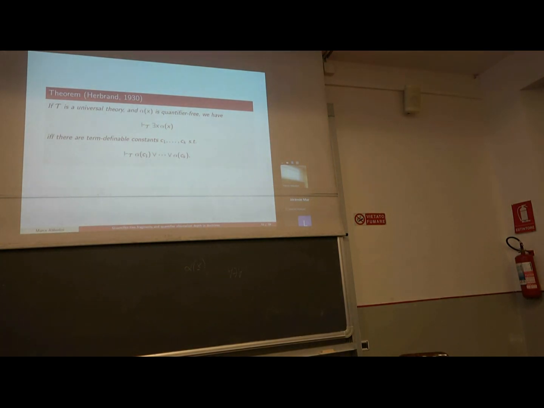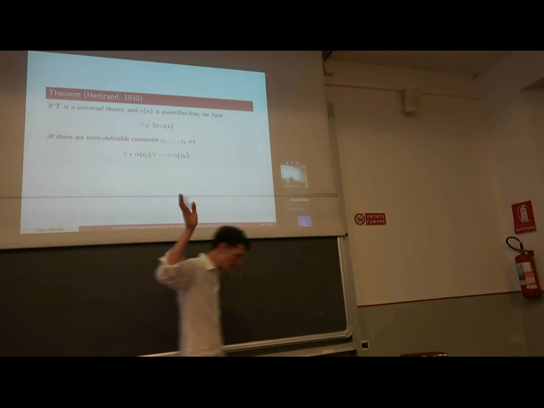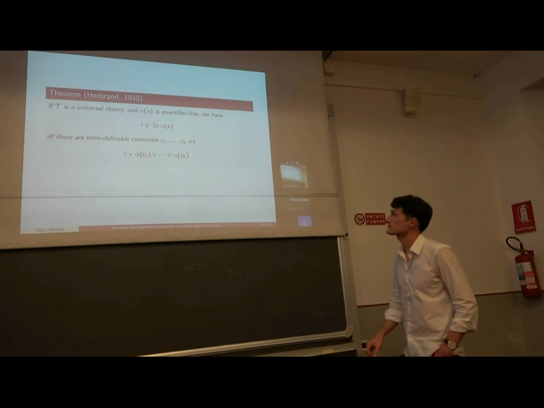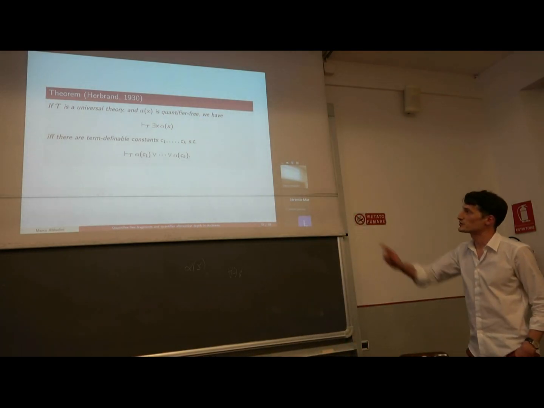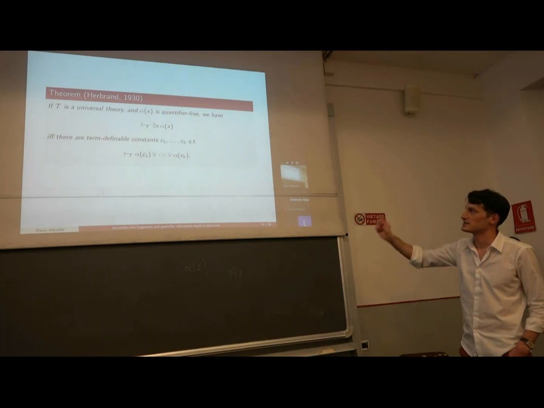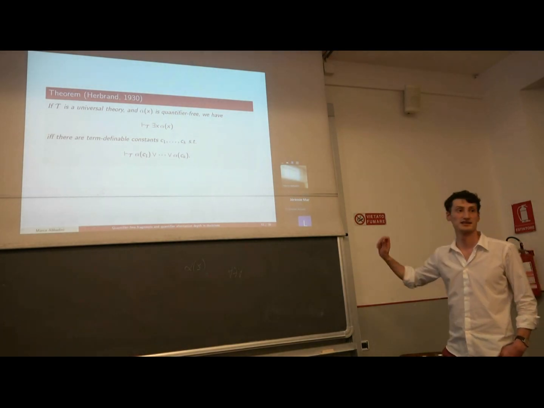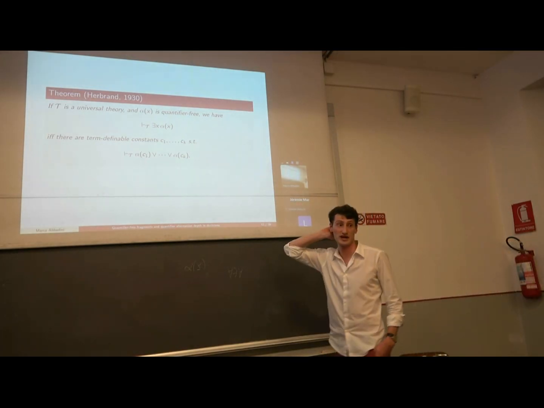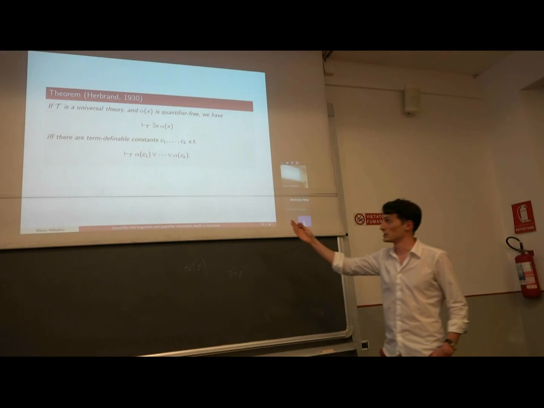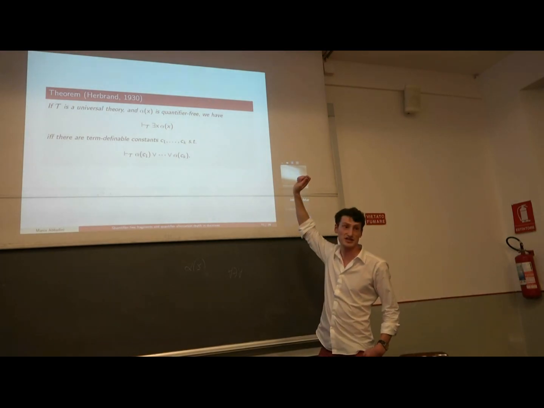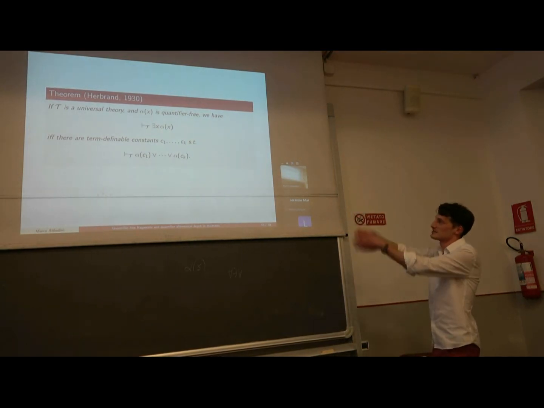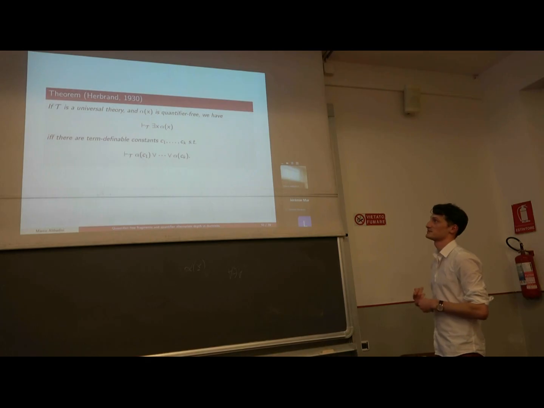Let's recall that a simple version is the following. If you have a universal theory, or maybe you can think of the empty theory if you prefer, and alpha is quantifier-free, then the formula exists x alpha x is provable from T if and only if there are term definable constants C1, ..., Ck such that you can prove alpha C1 or ... or alpha Ck from T. The right to left direction is immediate, because if you have some constants, then you can prove that there exists some x.